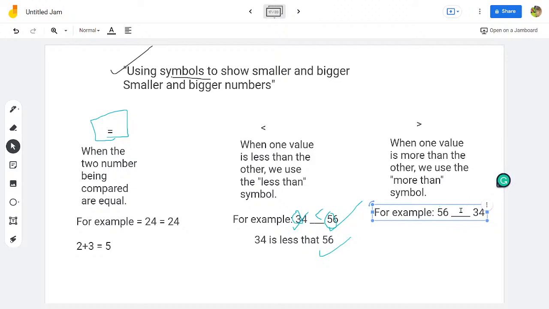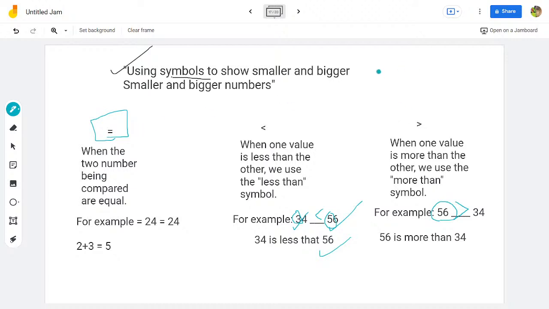So what we would do here, 56 we know is bigger than 34. We would use the more than symbol this time because 56 is more than 34. If I try writing that as a sentence, I would write that as 56 is more than 34. This is how we write it, which means 56 is bigger than 34.